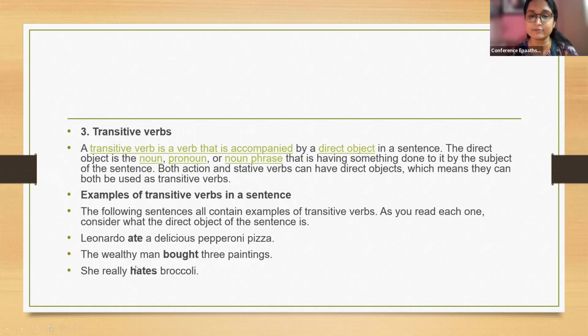So transitive verbs mainly have one object, a direct object. It can be a noun, pronoun, noun phrase, anything. So: Leonardo ate a delicious pepperoni pizza. In this sentence, Leonardo is the subject, ate is the verb, and what is the object? Delicious pizza. Now, delicious is the adjective.